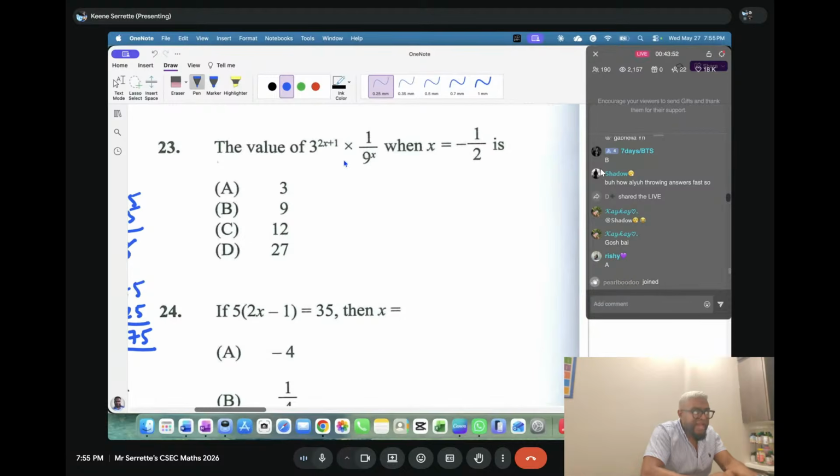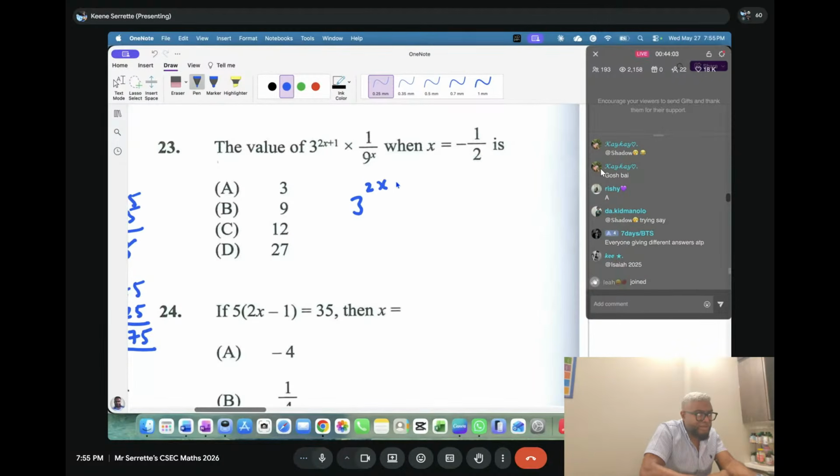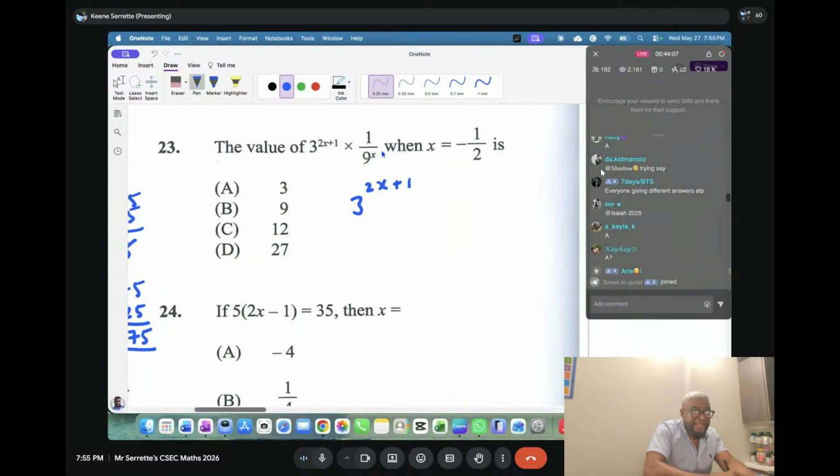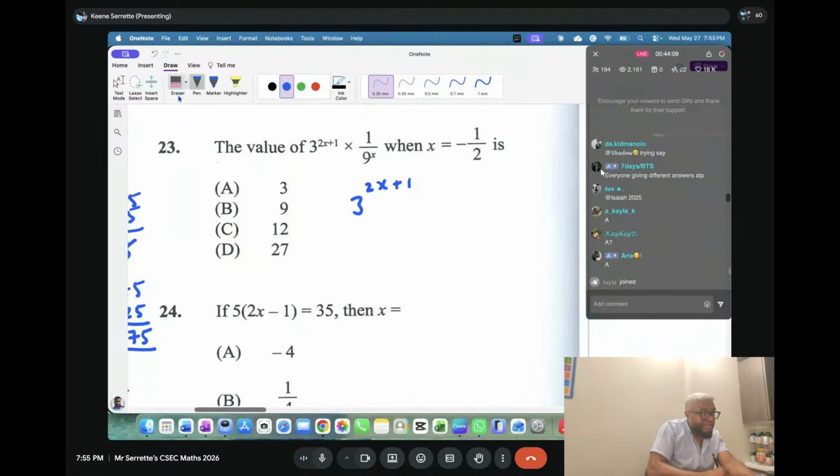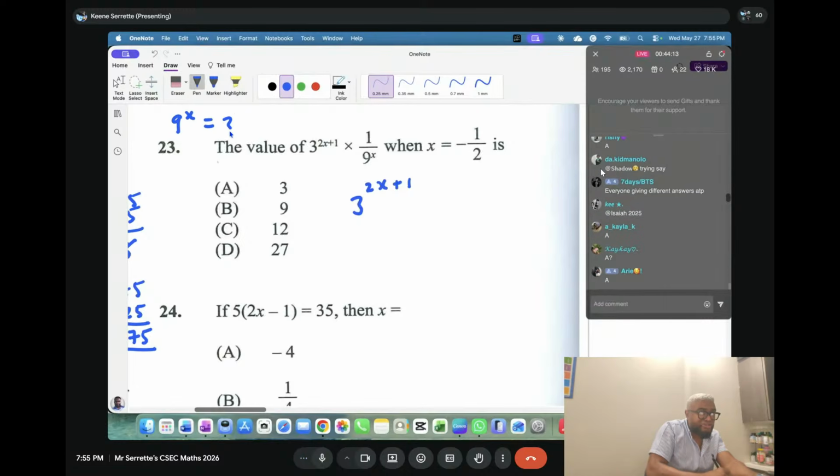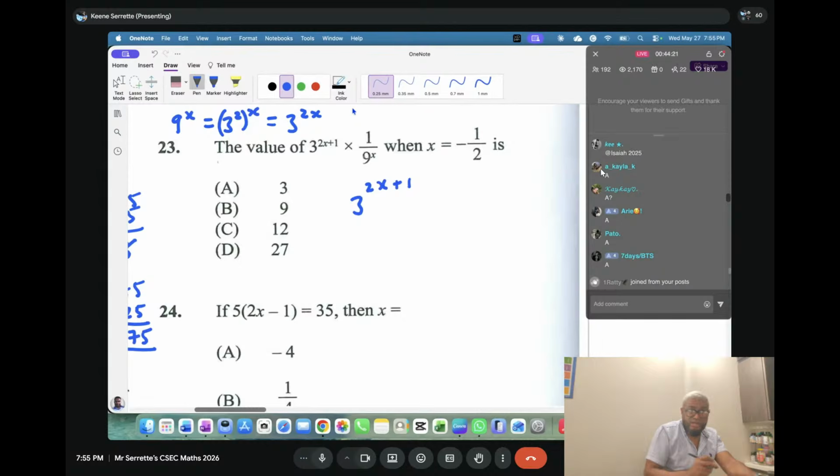So what do I need to activate here, right? I'm going to simplify this first, then I'll put in the negative 1/2, right? So I have 3 to the 2x plus 1, right? Now, I'm going to rewrite 9 to the x power. 9 to the x power could be rewritten as 3 to the second power in brackets to the x power, which would actually be 3 to the 2x, right?